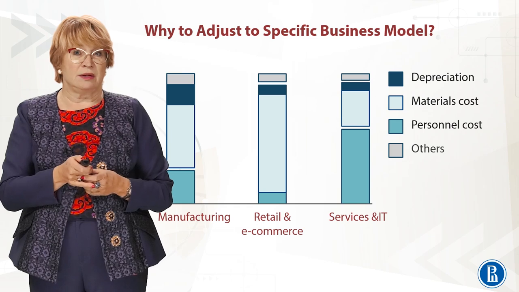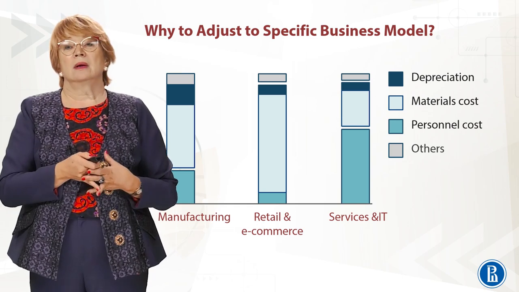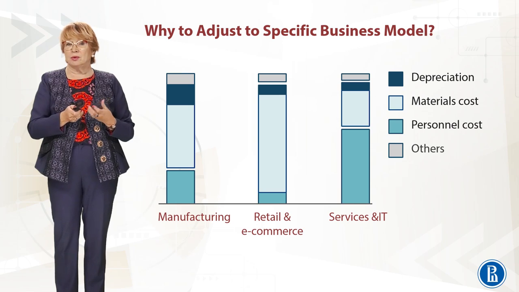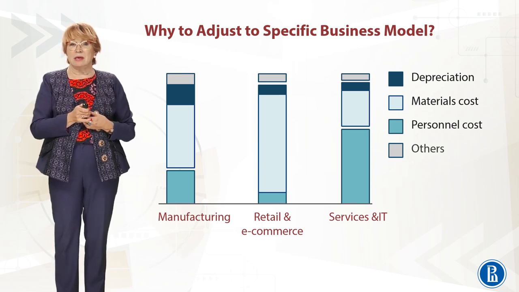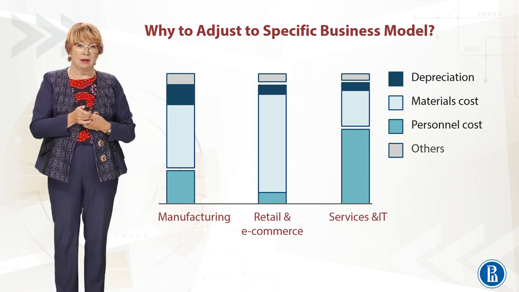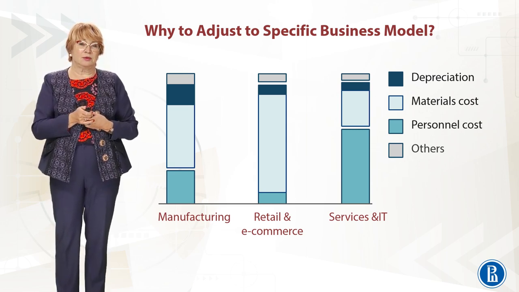You will see here that material cost on average occupies a really big proportion of the costs, and personnel costs, of course, as well. You will see rather big, comparably big depreciation expenses in the cost structure.